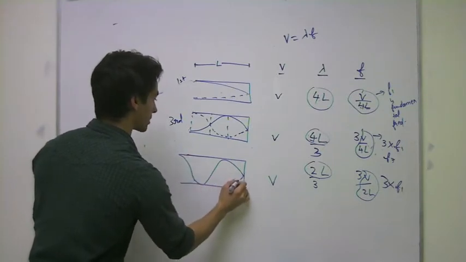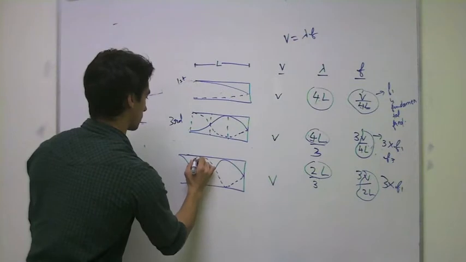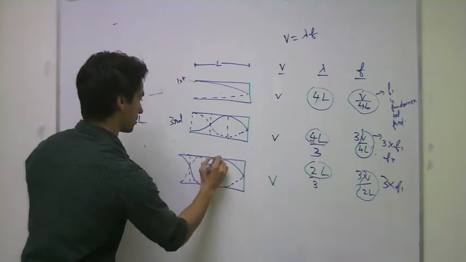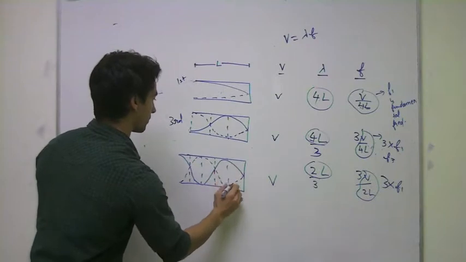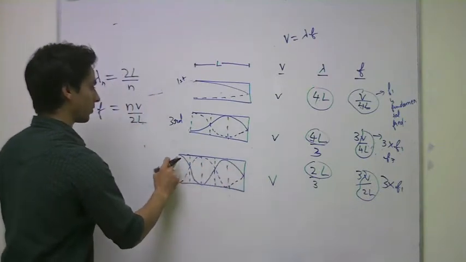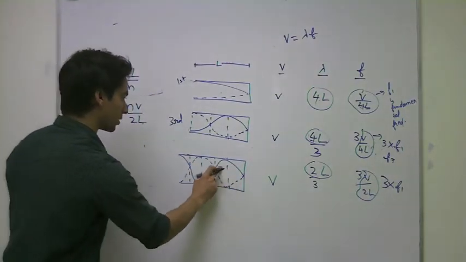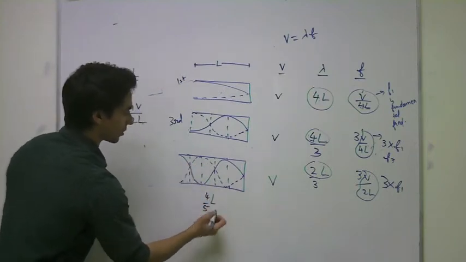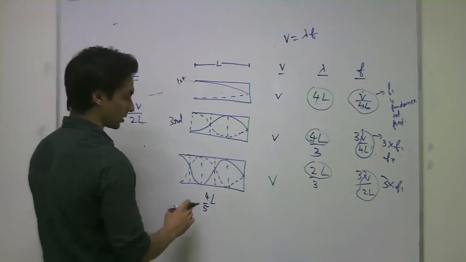This would be the next harmonic. Let's divide this now. We have 1, 2, 3, 4, 5 parts, and I need 1, 2, 3, and 4 parts out of 5 of L in order to get the wavelength.